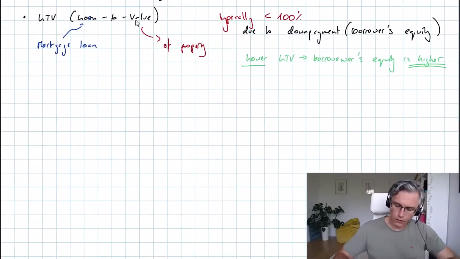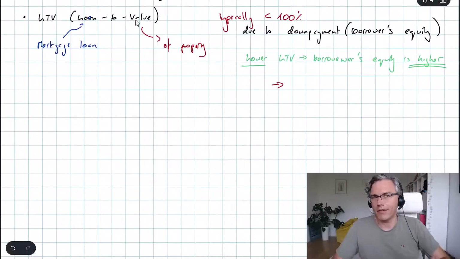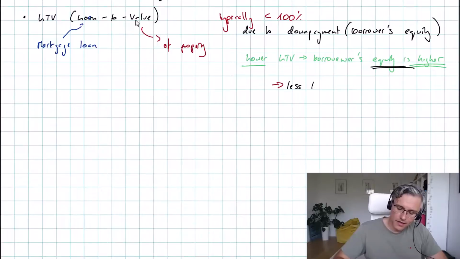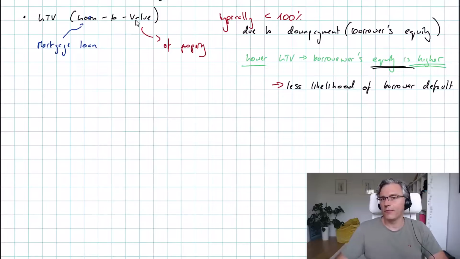Now, this is thought to be good in terms of a credit risk mitigation or default risk mitigation device, because if the borrower has put more equity into the purchase, there is less likelihood of borrower default. The more they are engaged in the purchase with their own money, the less likely it is that they will default.